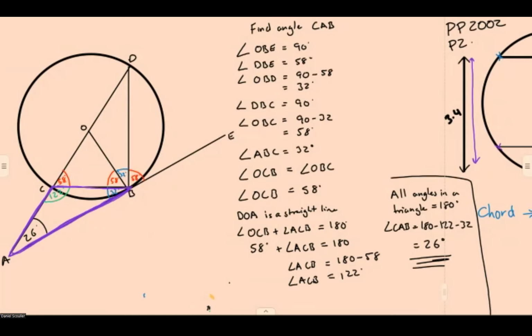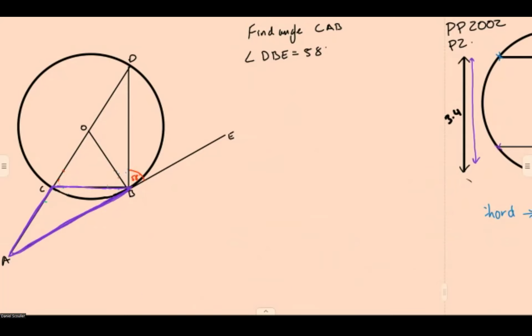Daniel, I worked it out just slightly differently. What I'm going to do is try and follow Richard's logic, and try and go a different route, and just make sure that we're happy with a different route. So I've just written up what we know. We're finding angle CAB. We've got angle DBE.